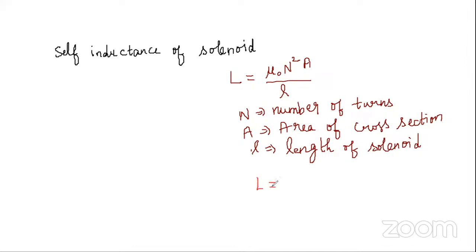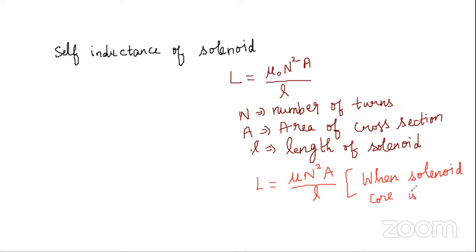Okay, L equal to mu N squared A divided by L, when the solenoid core is filled with magnetic material of permeability mu.